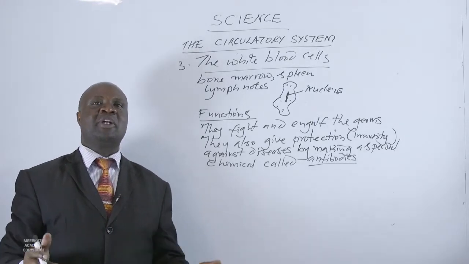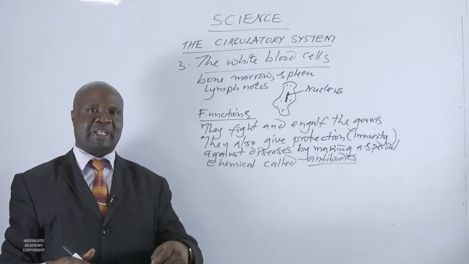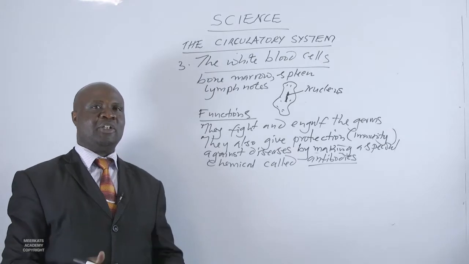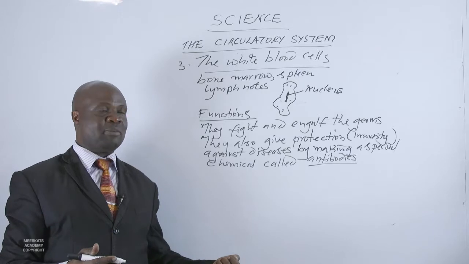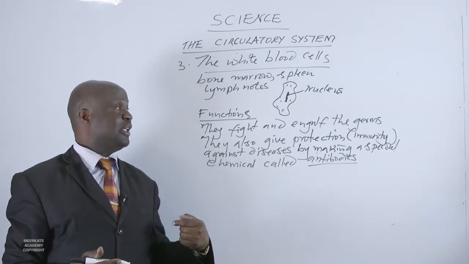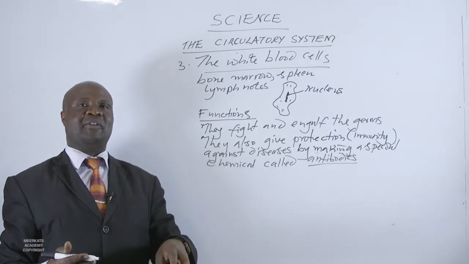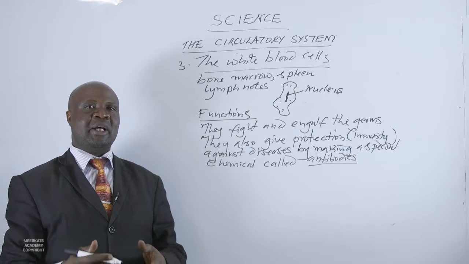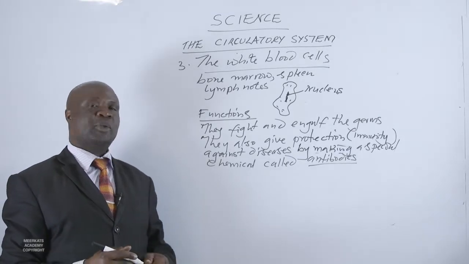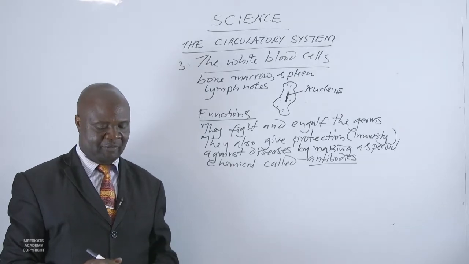So they fight for protecting the body. They also produce a chemical called the antibody, and an antibody is there to ensure that our immunity is high and we can survive very well.